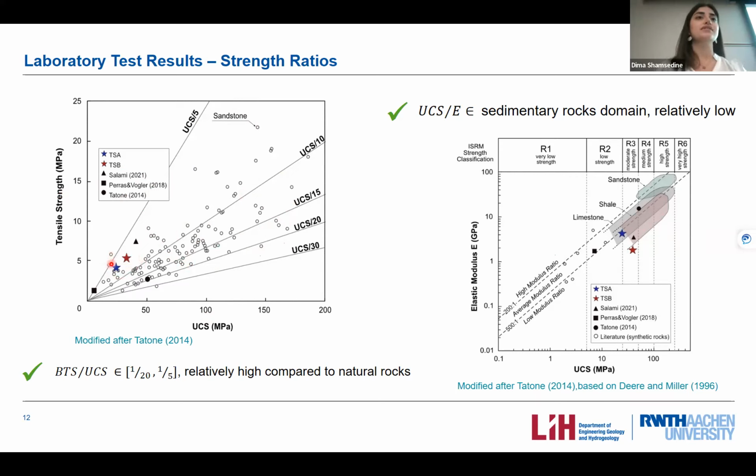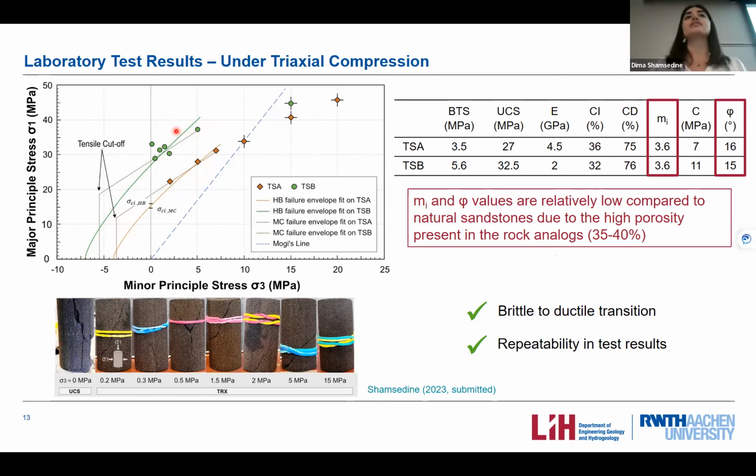And the failure curves, the Mohr-Coulomb failure curve, the linear one, and the Hoek-Brown failure curve are fitted on these data points for both test series, and they are fitted only on the points to the left of the Mogi line as recommended, which are the points representing the samples that failed in a brittle manner.